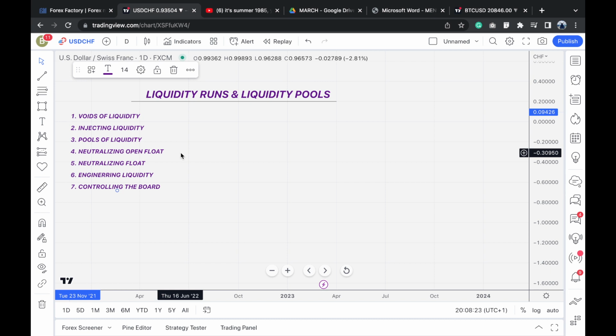What happens is when we start price delivery, you're going to see that price delivery is highly inefficient. And when I say highly inefficient, I mean it is characterized by inefficiencies, liquidity voids, imbalances, all those sort of things. They're clearly defined in that run higher or lower.